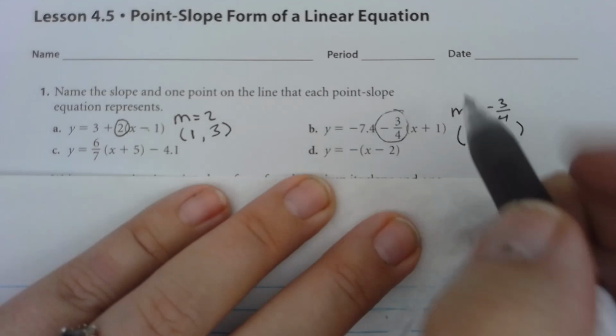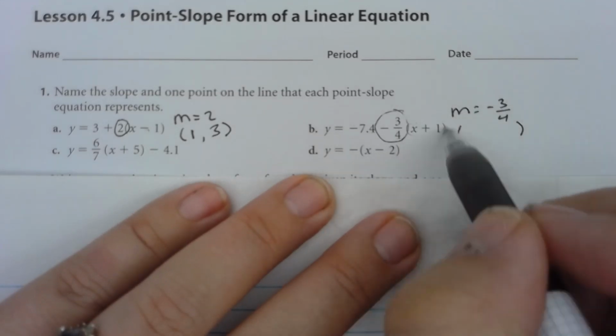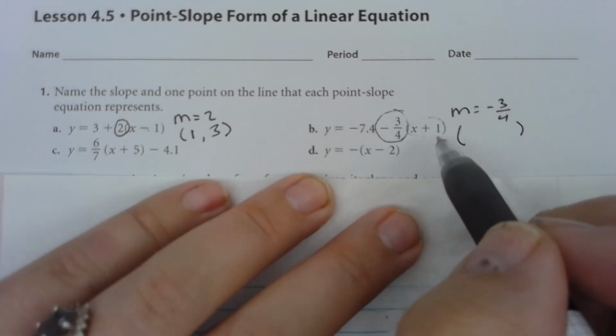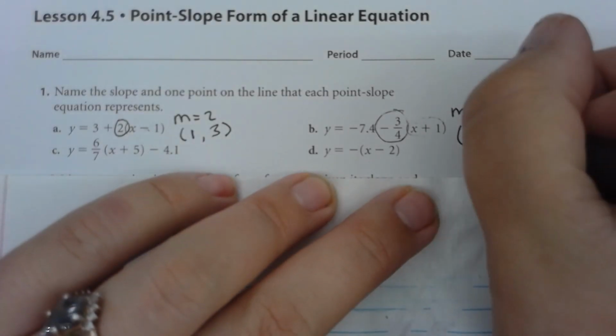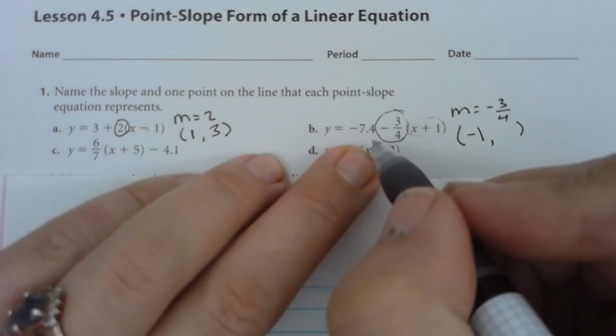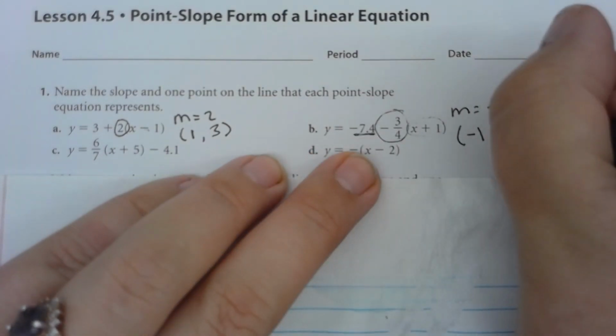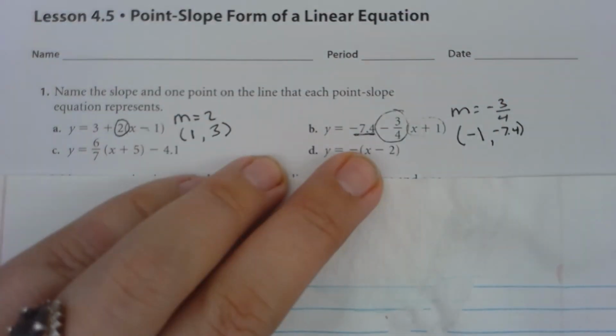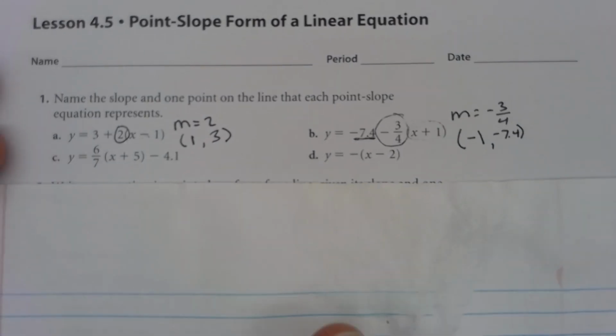And our point, the x is inside the parentheses, positive, so when we pull it out it becomes negative. This is to stay as negative. We good?